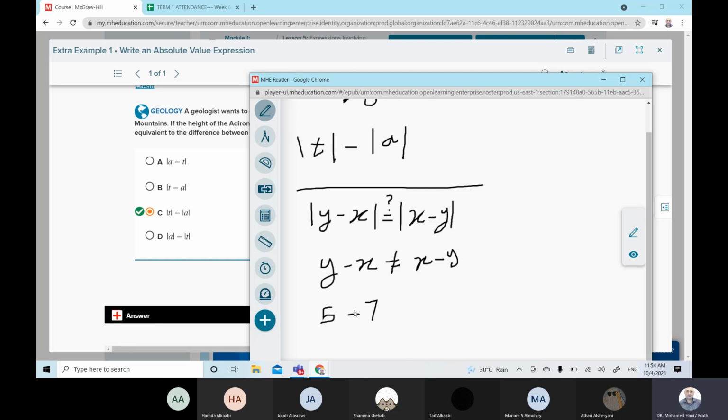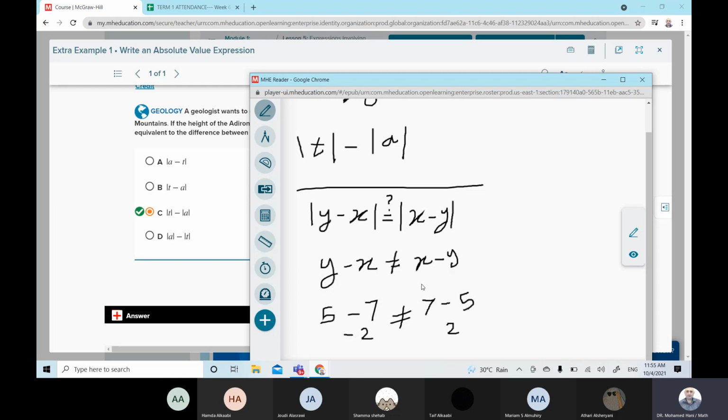Is 5 minus 7 equal to 7 minus 5? 5 minus 7 will be minus 2, and 7 minus 5 will be 2. Is minus 2 equal to 2? No. So Y minus X doesn't equal X minus Y.